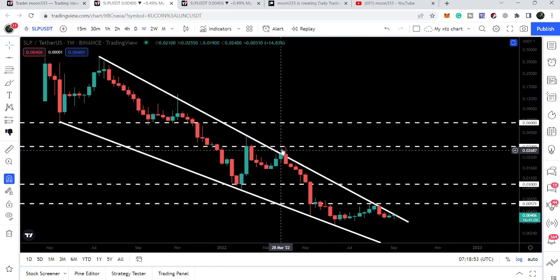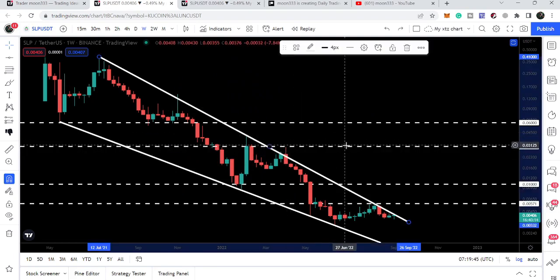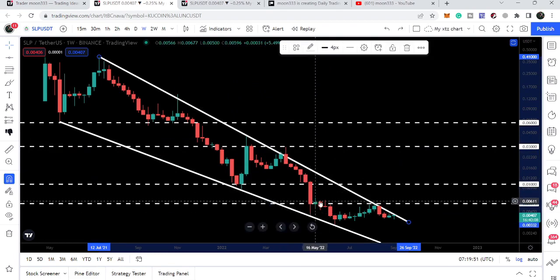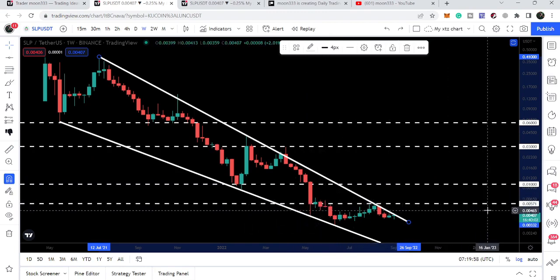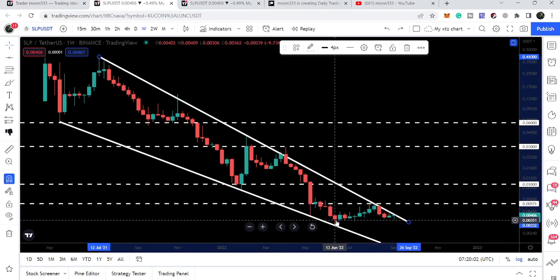After that, we had a fake out to the upside, but we got rejected by this resistance of 3 cents and moved more down and tested the support of this wedge once again, moved up, rejected by this next resistance, the most recent resistance at that time, found here at $0.00571, and again moved down and again tested this support of the wedge.